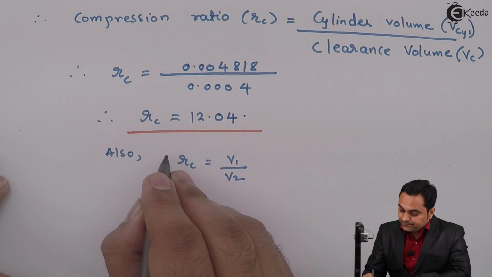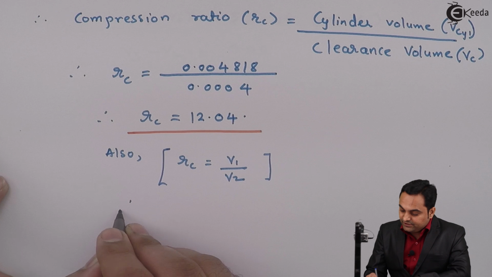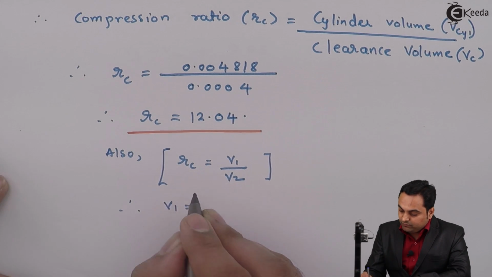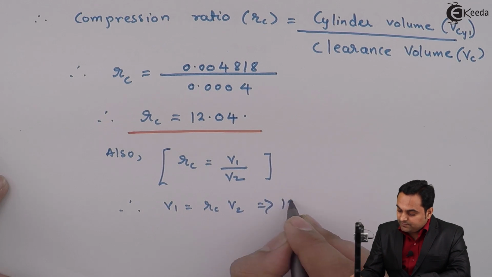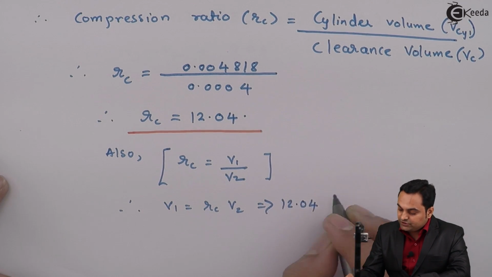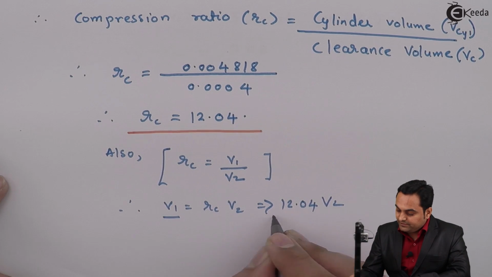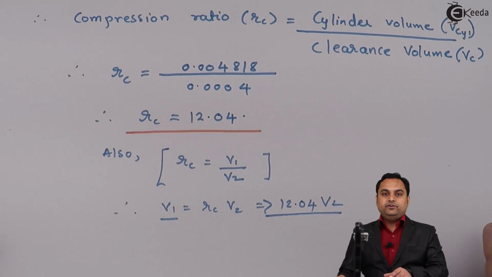Next, from this I can say that therefore V1 will be equal to RC into V2, and RC is the compression ratio, which is 12.04. So V1 can be written as 12.04 times of V2.